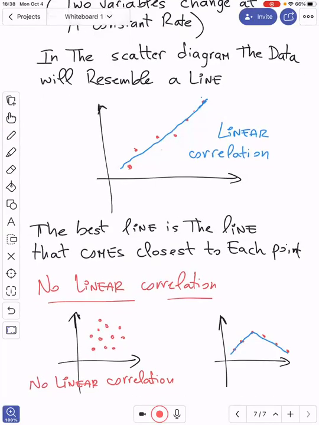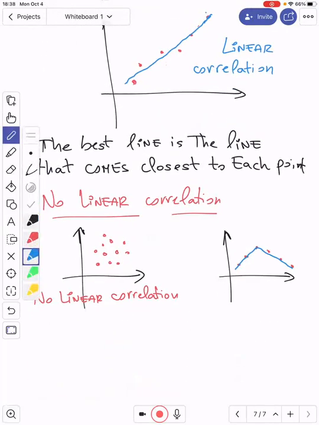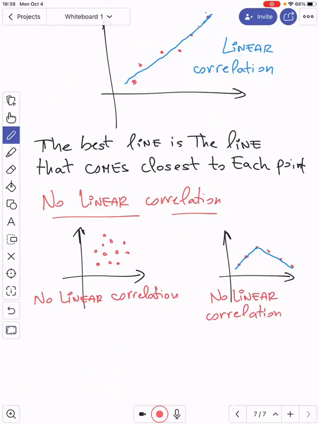So here there is no linear correlation, right? So when I say no linear correlation, guys, it means that the data do not resemble a line.